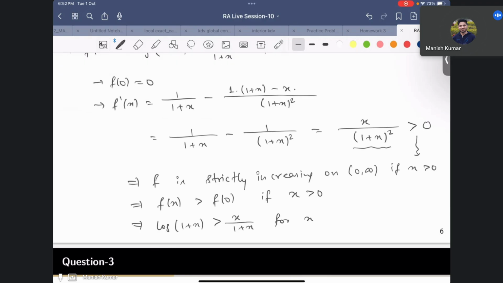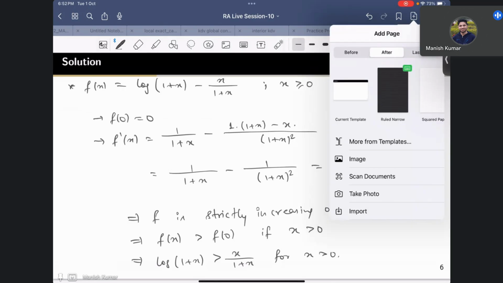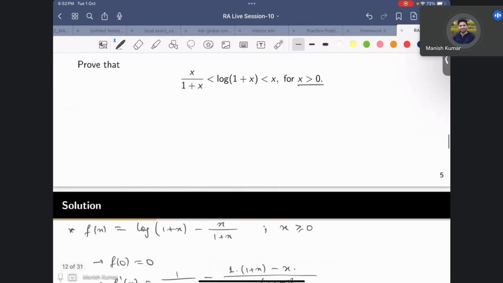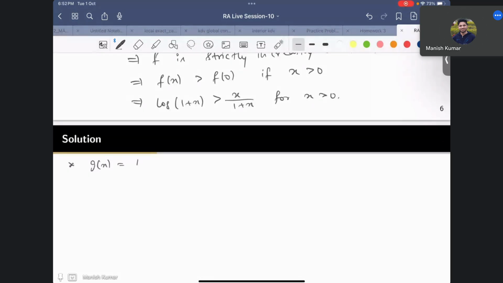Okay, in the same way, to prove this one, you can define g of x to be log of 1 plus x minus x. Here you can check that g prime of x would be 1 upon 1 plus x minus 1, and this will give you minus x upon 1 plus x.